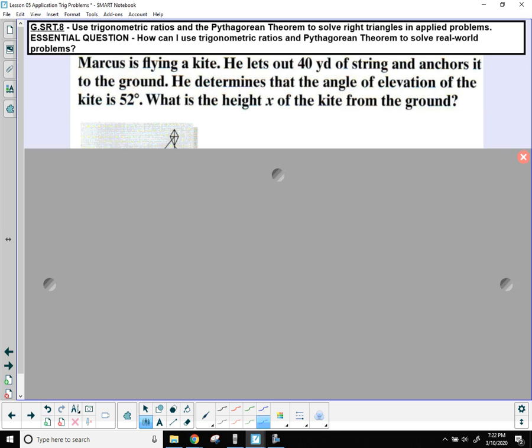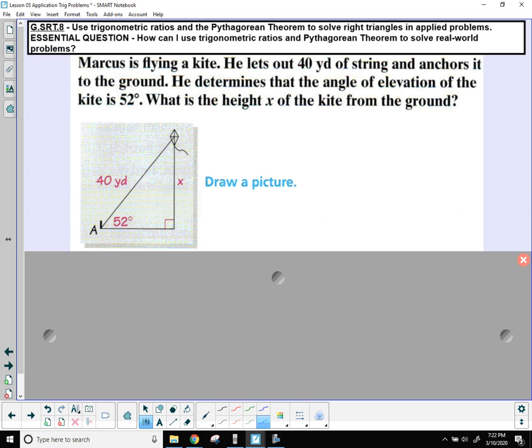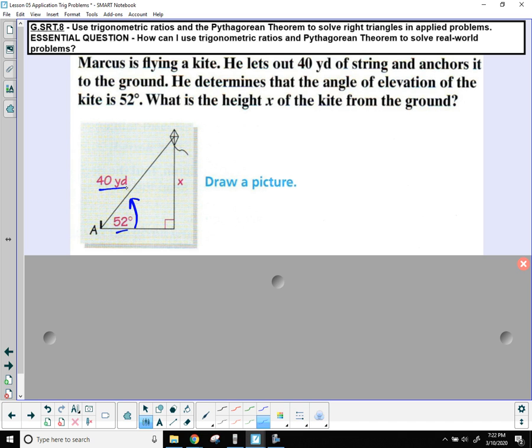We need a picture. Okay. Here's the 52 degrees from the ground, angle of elevation. Okay, the string is 40 yards. Okay, and we need to find out how high the kite's flying. Based on what we have to work with relative to 52 degrees, x would be the opposite side. 40 would be the hypotenuse.